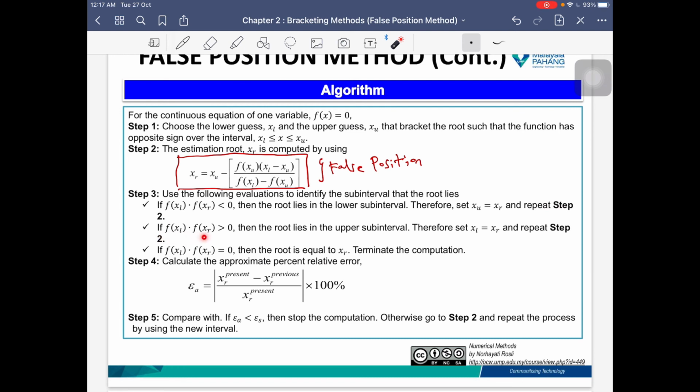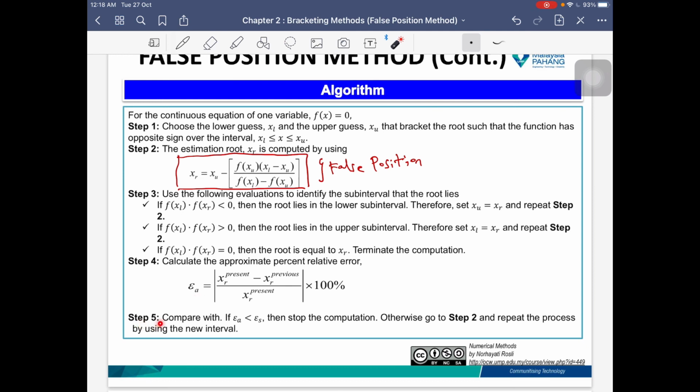If FSL multiplied with FSR is greater than 0, then the root lies in the upper subinterval. Therefore, we set the new XL equal to XR and repeat step 2. If FSL multiplied with FSR is equal to 0, then the root is equal to XR. Terminate the computation process. Then step number 4, calculate the approximate percent relative error by using the epsilon A formula.